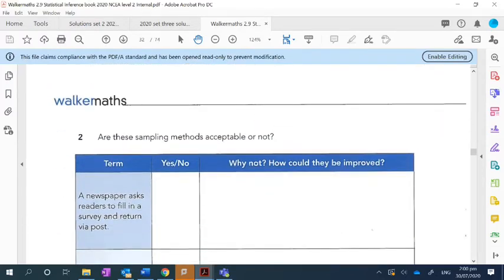There's some more formal part of it. So, let's think about sampling methods and whether they're acceptable or not. Remember, to be acceptable, a sampling method needs to be random. In other words, every person in the population has to have an equal chance of being selected, right? That's the big thing, equal chance of being selected.